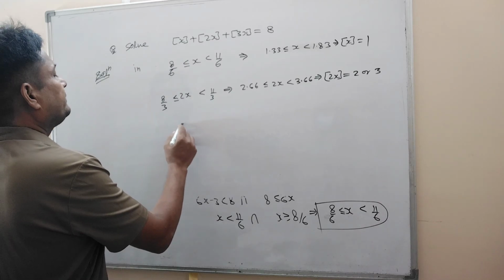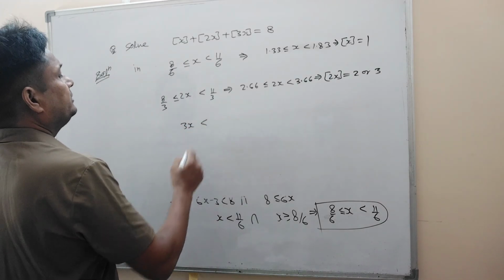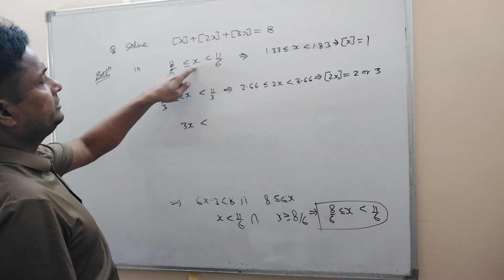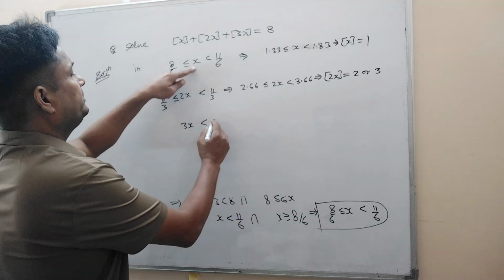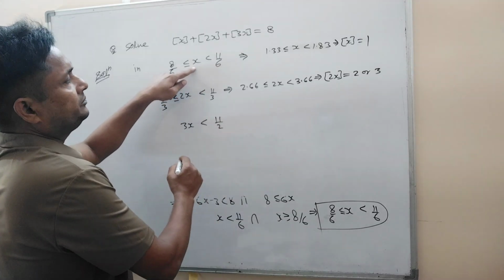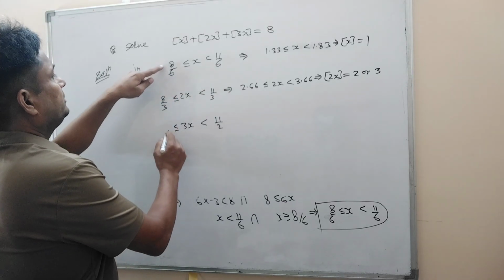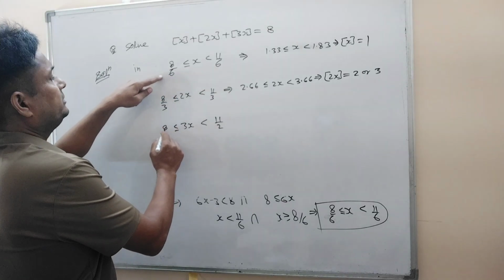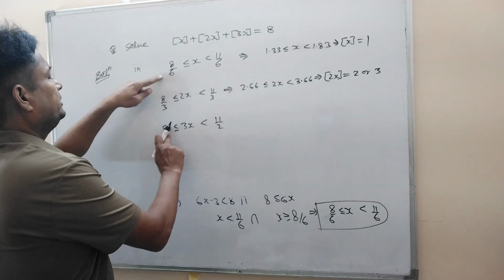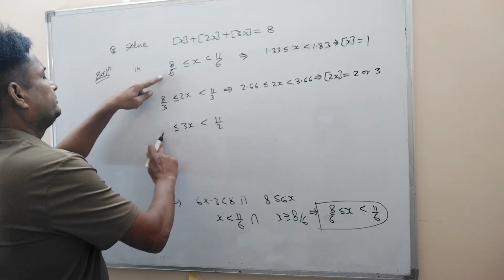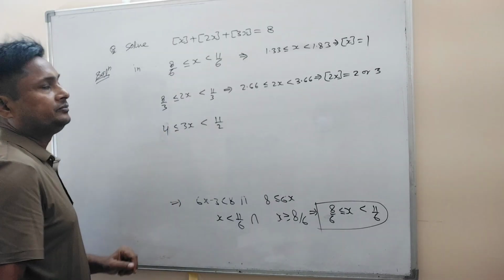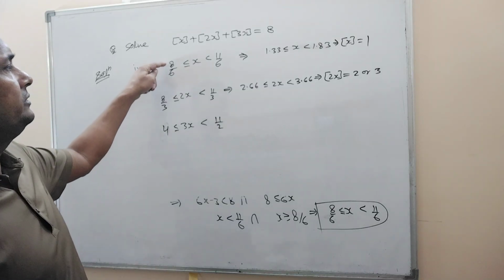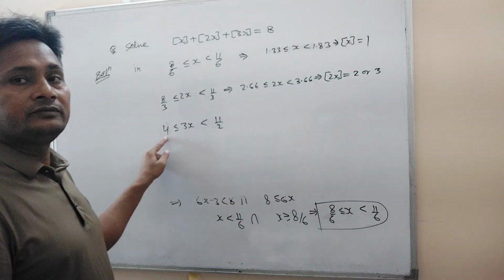Now find out the 3x. If you multiply here by 3, then it will be 11 by 2, and this will be greater than or equal to 8 by 2. That means it will be 4. If you multiply 3, it will be 8 by 2, that is 4.